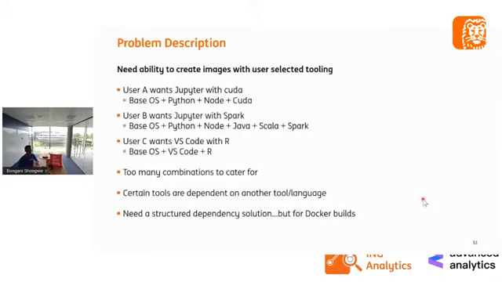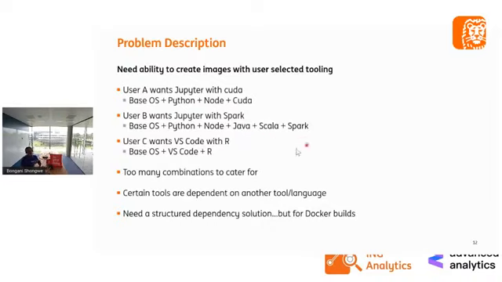To give you a problem description, this is what we went through. Think of user A. User A wants Jupyter with CUDA. That means we'd have to take our base image, put Python, put Node, and put CUDA in it. Whereas user B wants Jupyter with Spark, so you will have to take the base image, put Python, put Node, put Java, put Scala, and put Spark.